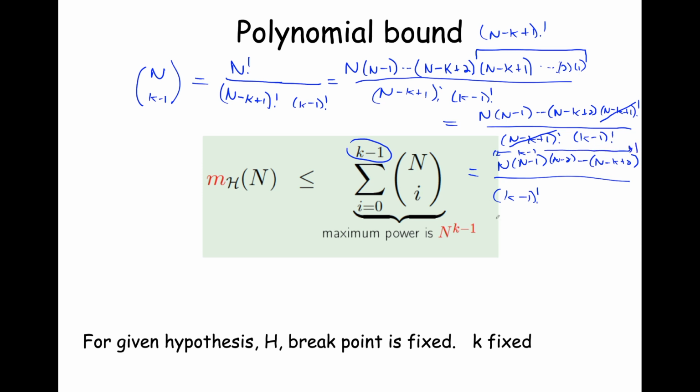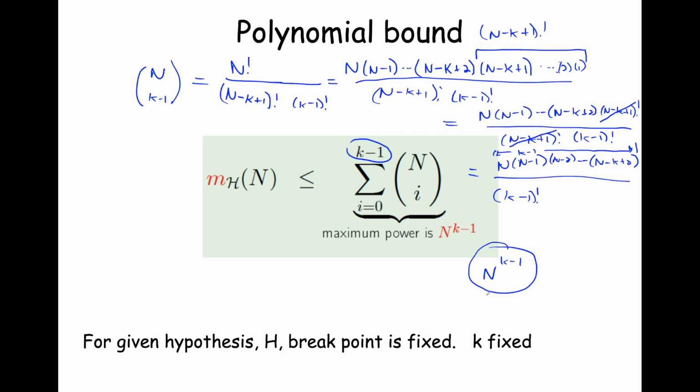If you multiply n by itself k minus 1 many times, that's going to be a polynomial whose highest degree is n to the k minus 1. So this expression is a polynomial at most of degree k minus 1 in n.